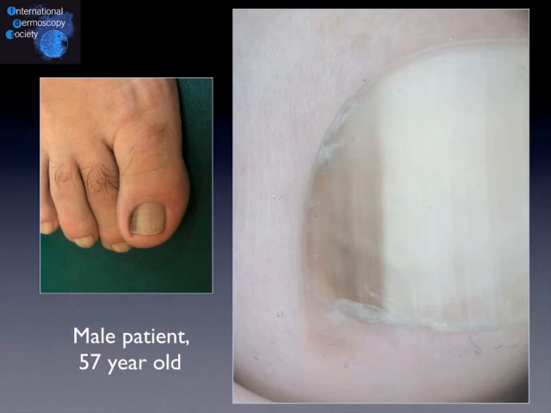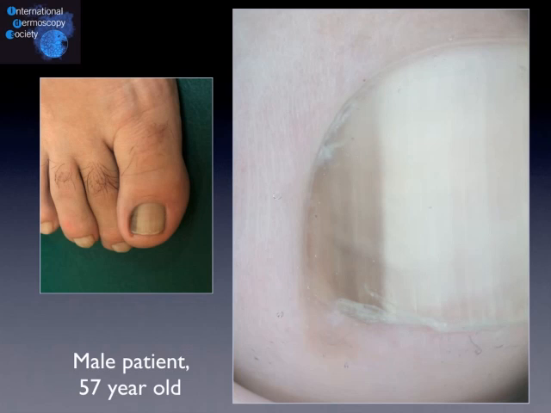This is a dermoscopic image, and you have a few seconds to think about it. Let's comment on this case. It's an easy case. You have a gray pigmentation of the band, and for that reason, we think that there is no significant melanocytic hyperplasia in the nail matrix.